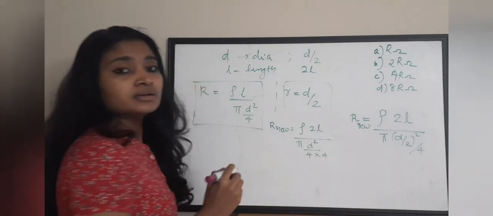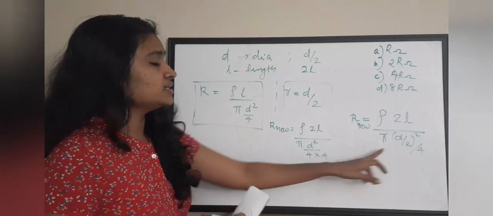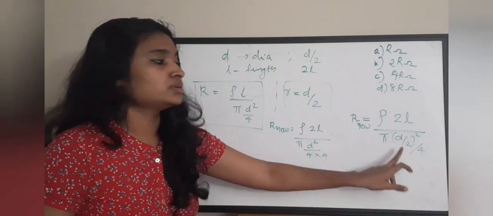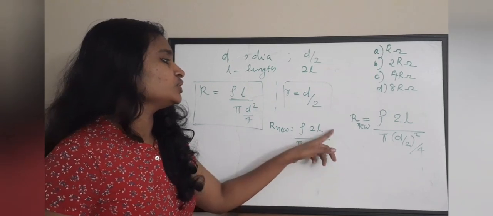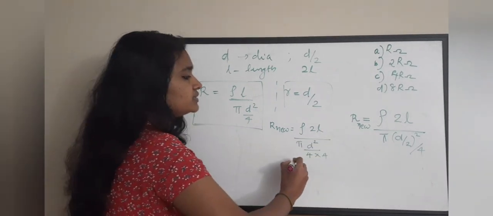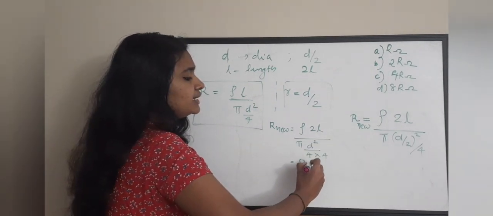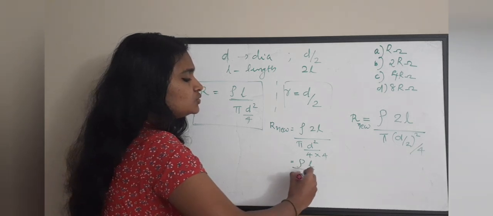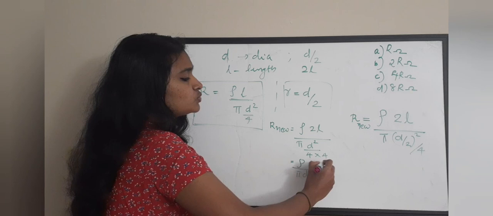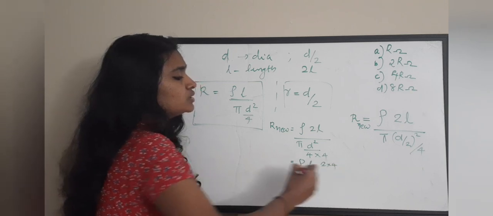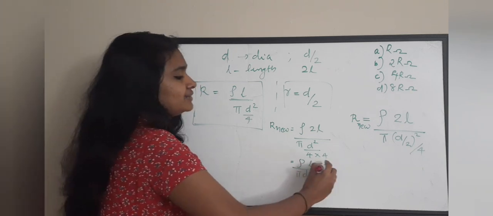That is, d by 2 squared is d square by 4. Take this 4 to the numerator. So you can write it as rho into L by pi into d square by 4, and there is a 2 here. So 2 into 4 is 8.